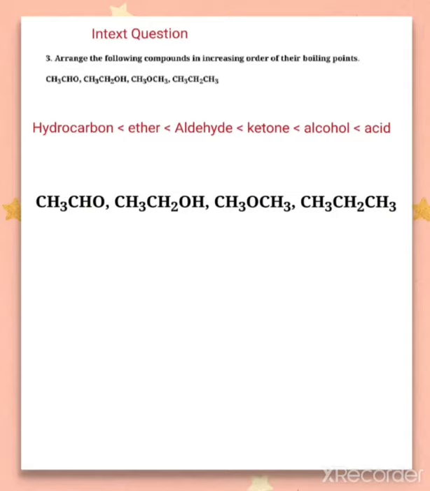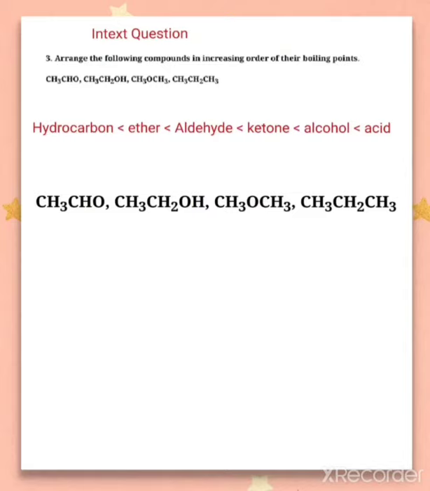Just count the number of carbon, oxygen and nitrogen atoms, because their atomic masses are quite similar, with only small variations. So you can keep the mass of carbon, oxygen and nitrogen as nearly similar in order to find out comparable mass.